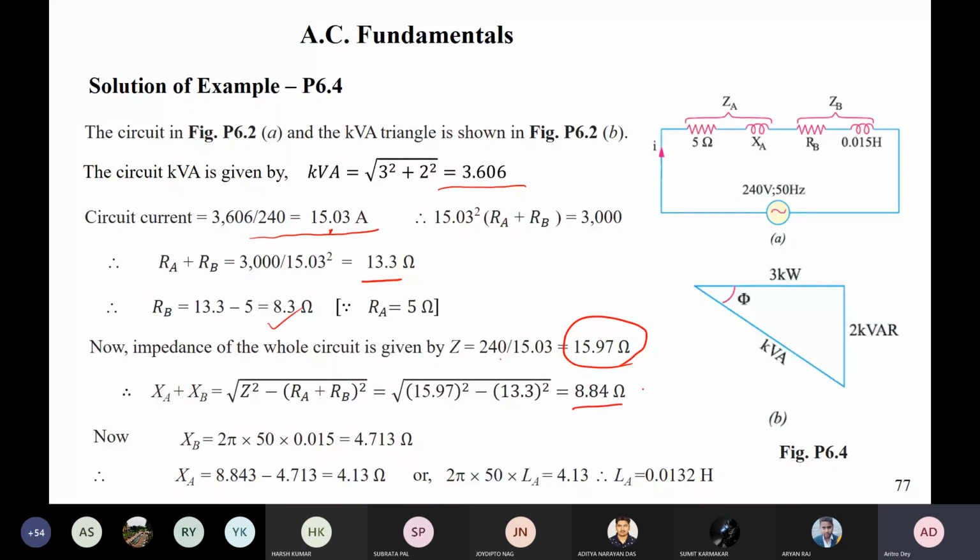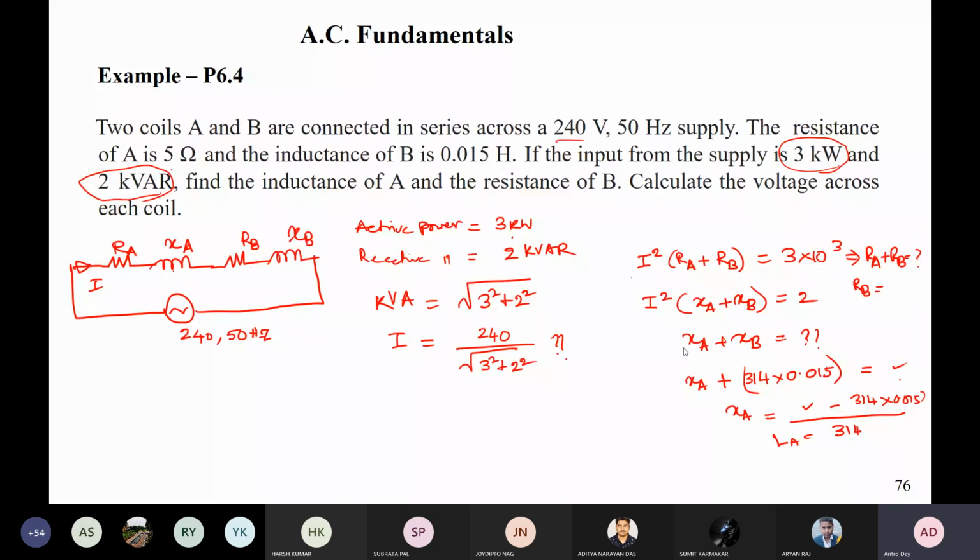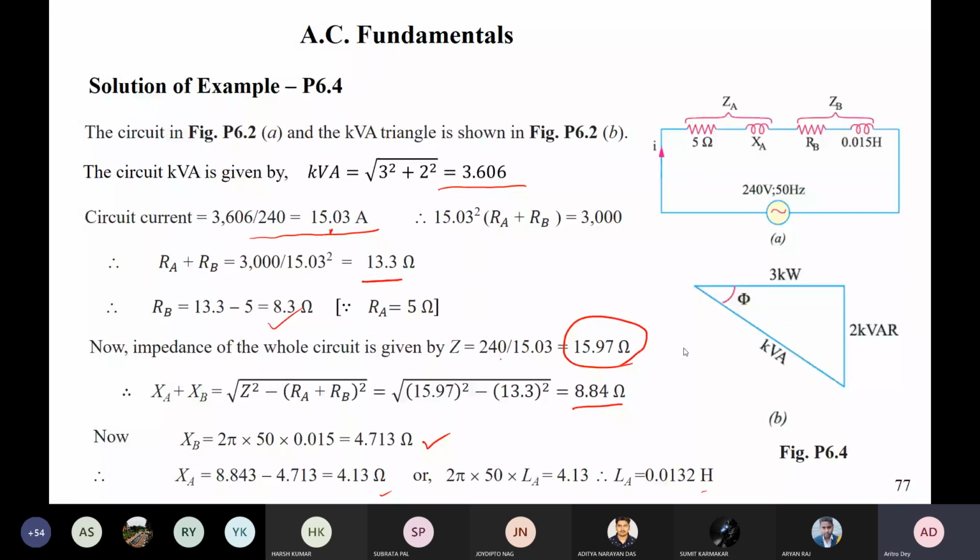Out of that, XB is this, so you can find out what your XA is, and subsequently what your LA is. So this approach is also correct, and that is also correct here, what we have calculated. So you can verify it from here.